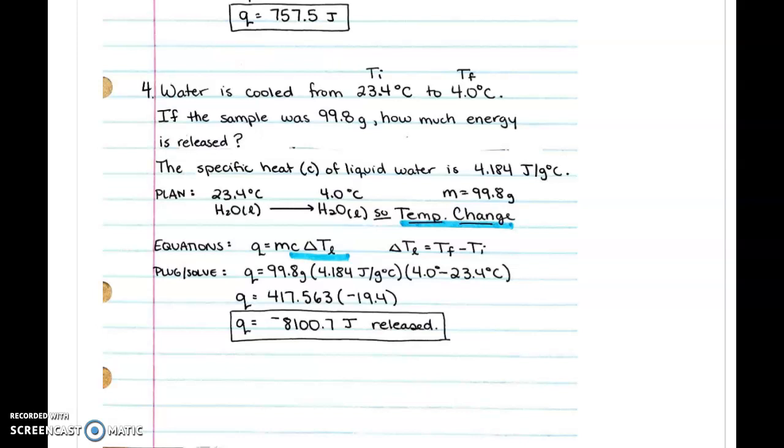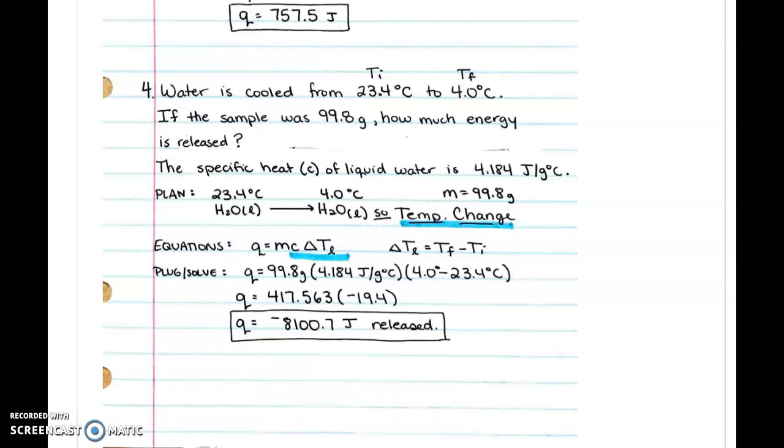Now, this one is a little weird. I'm going to set it up the same way, but I'm actually going backward, I'm going from right to left on my phase diagram. I'm going from warmer to cooler. So my plan is the same. I'm sticking with the water is liquid going to water is a liquid. My temperatures are different though.